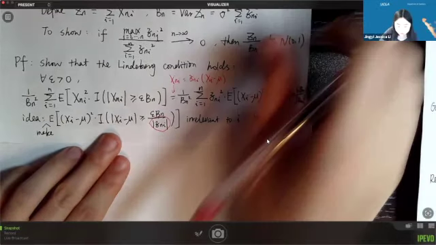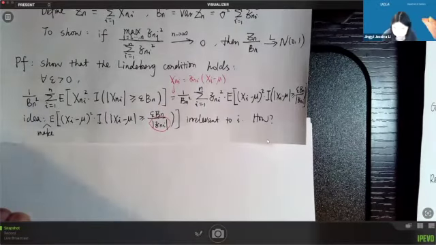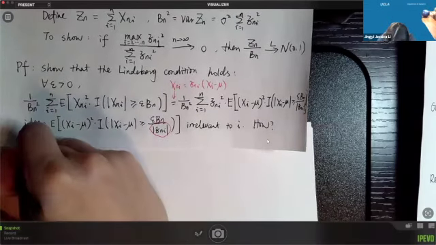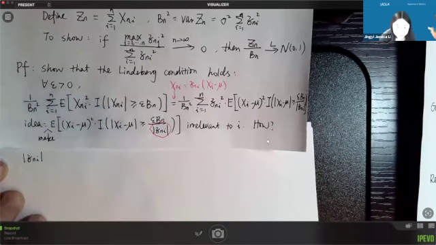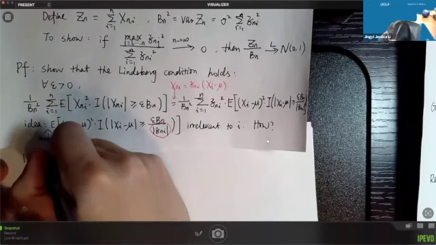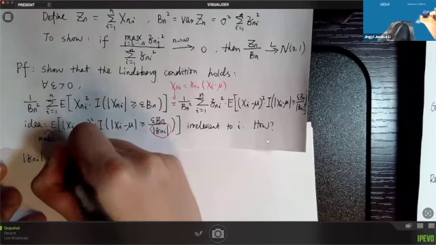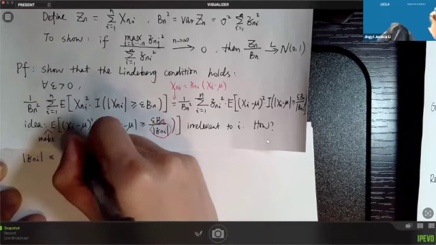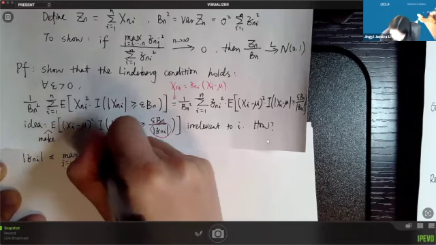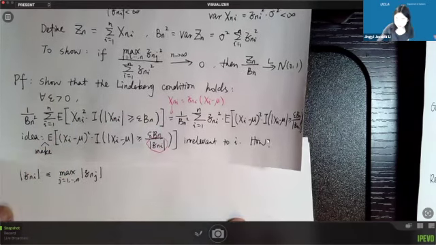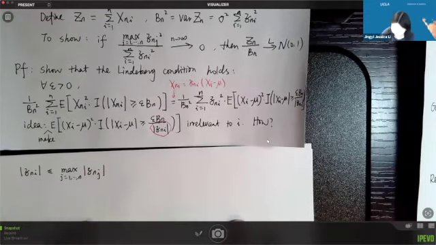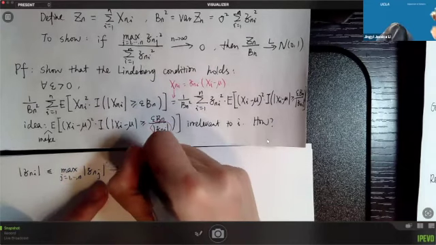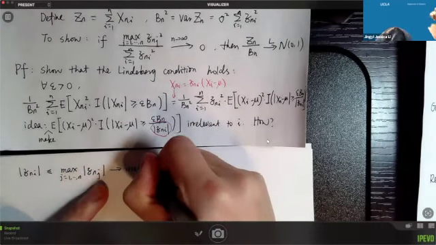So then we can do something quite interesting. We know that, first of all, z_{n,i} absolute value is for sure less or equal than max over j from 1 to n of z_{n,j}, right? And this right-hand side is an upper bound, and this has nothing to do with i.